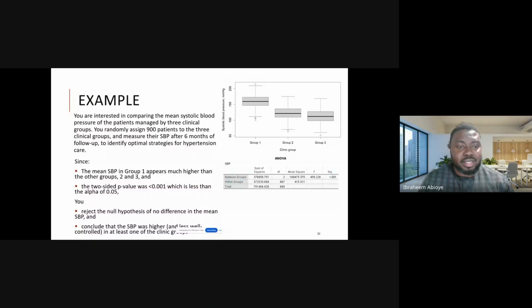You randomly assign 900 patients to the 3 groups and measure their systolic blood pressure. We want to identify the optimal strategies. And just looking here, you might say that maybe group 1's systolic blood pressure is higher. The p-value that we obtain from the ANOVA is less than 0.001, and so because of that, we reject the null hypothesis.